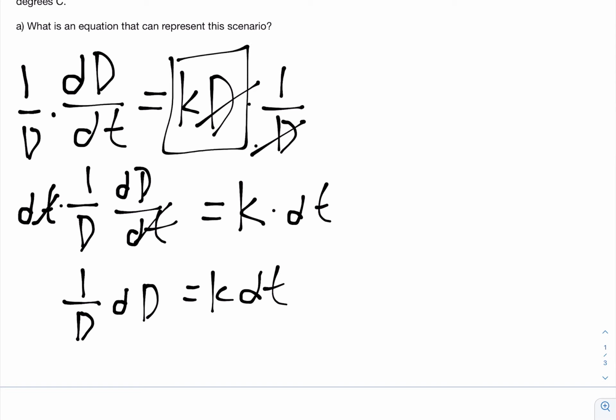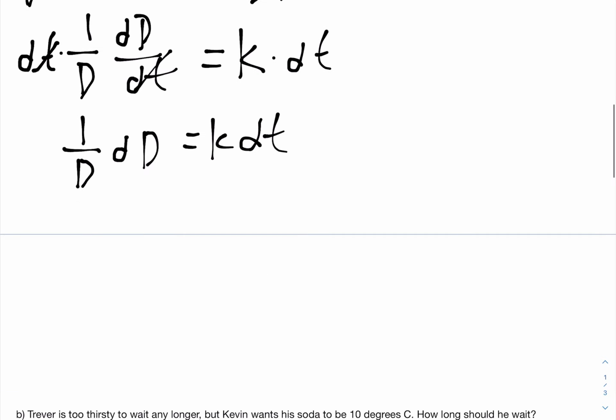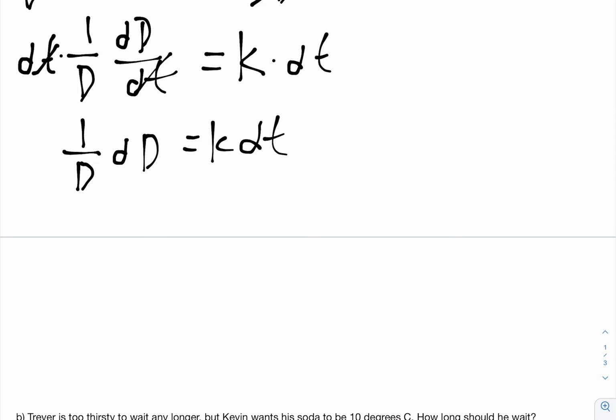That's because if we divided by k, we would still have this dD/dt term on the left, and by dividing by D on both sides and then multiplying by dt, we get an expression where we have 1 over D dD equals k dt. So see how there's a 1 over D, these two variables are the same, right? We have two D's on the left.